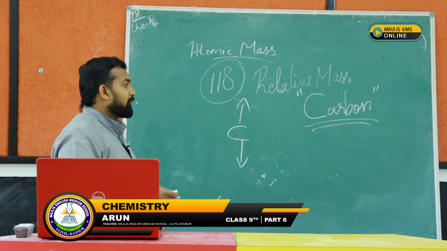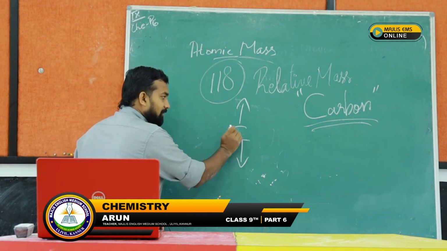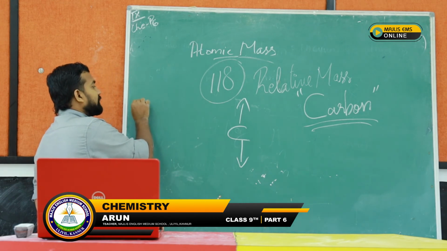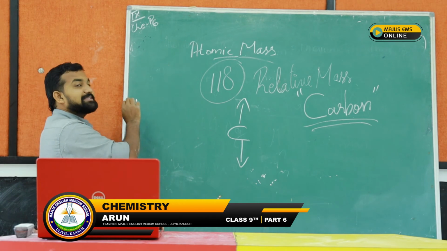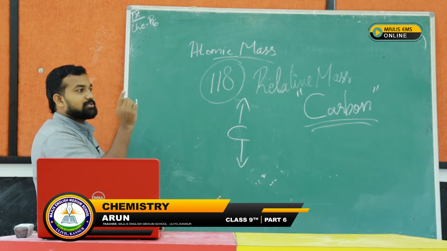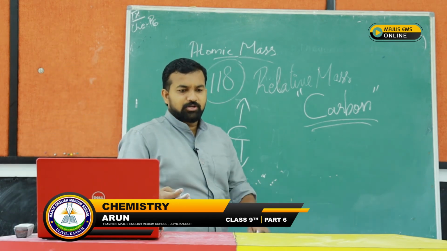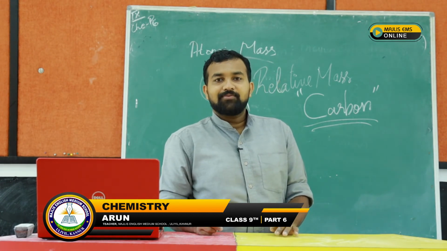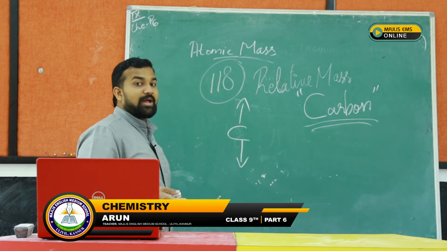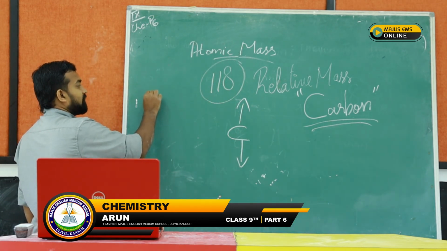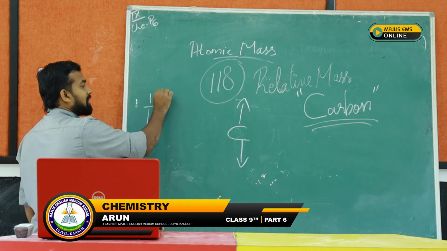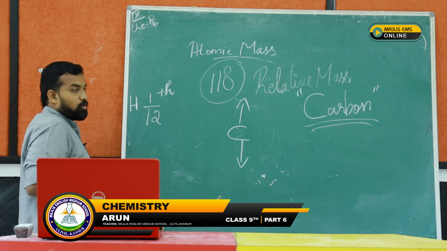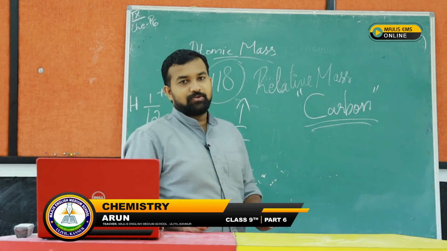From the mass of the carbon, they formulated an equation: that one atom will have the mass of 1/12 of the carbon atom. As we know, hydrogen is the smallest atom in the universe.